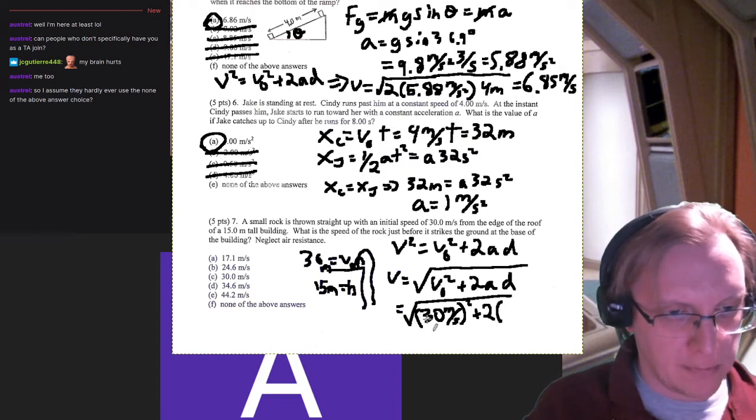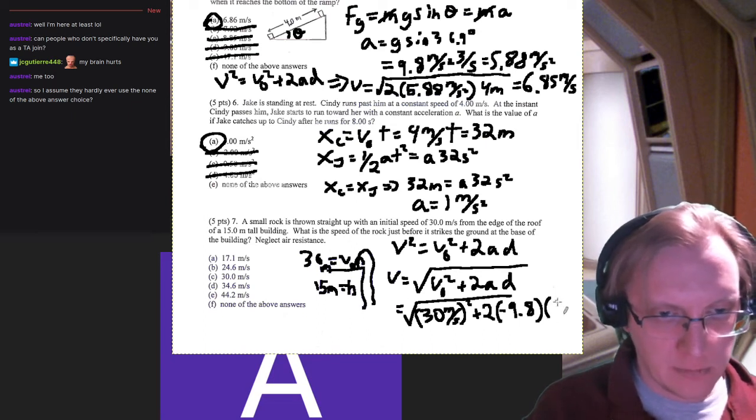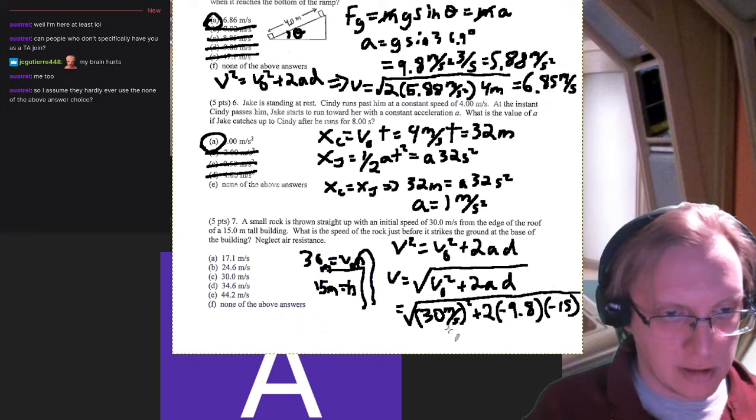If this is going up with plus, then we need our gravity minus 9.8 going down, and then our D is also going down, so we got minus 15 there. I hope that's right with you. Mixing that out. Put the equals there.